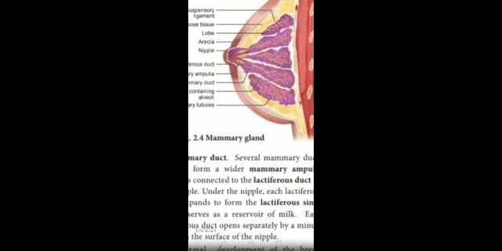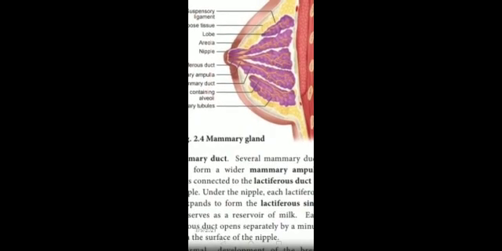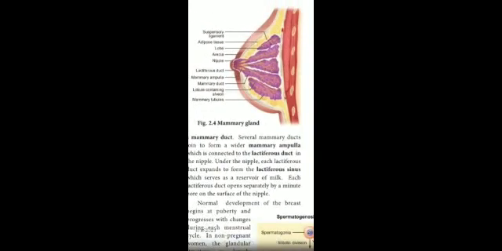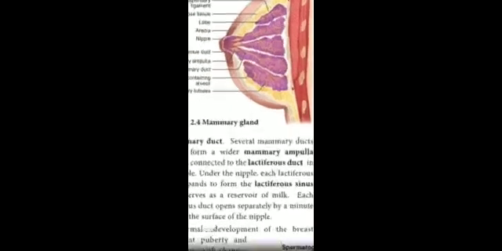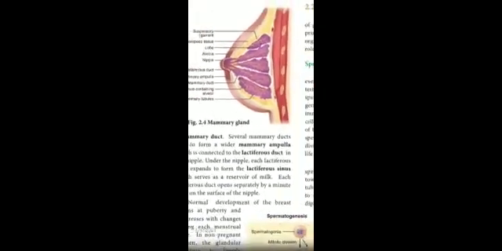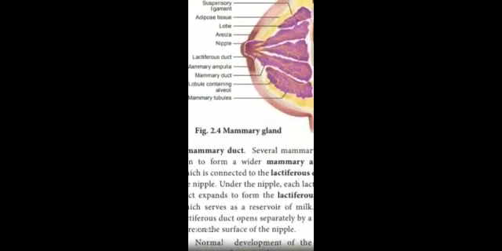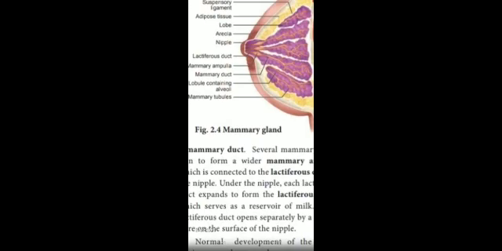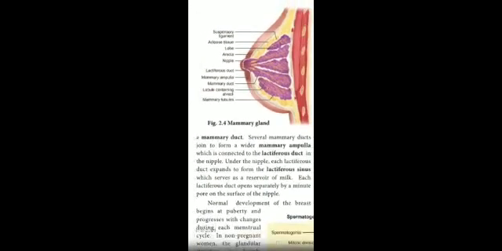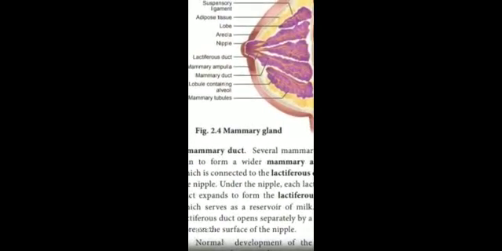The tubules of each lobe join to form a mammary duct. Then several mammary ducts join to form a wider mammary ampulla, which is connected to the lactiferous duct in the nipple.